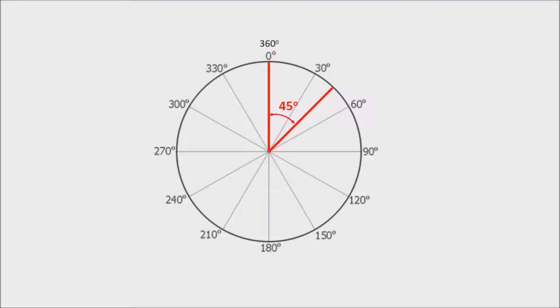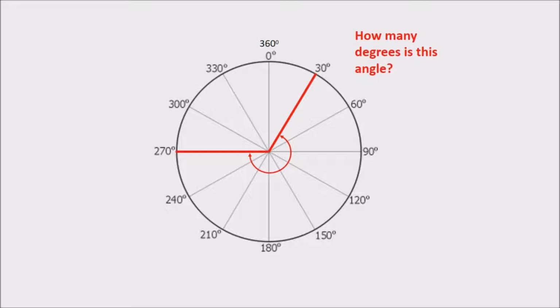And that one's 45 degrees. And 45 is halfway between 0 and 90. So that one was pretty easy also. Let's do one more. This one's going to be tricky. Okay, so how many degrees is this angle?